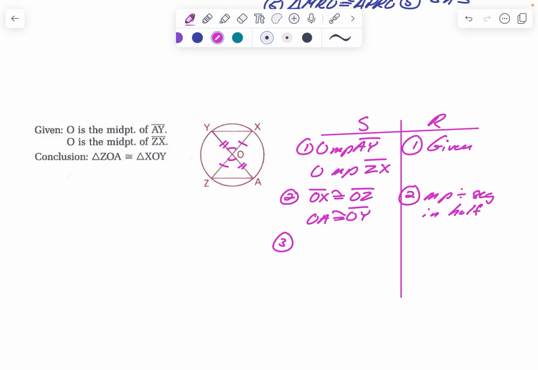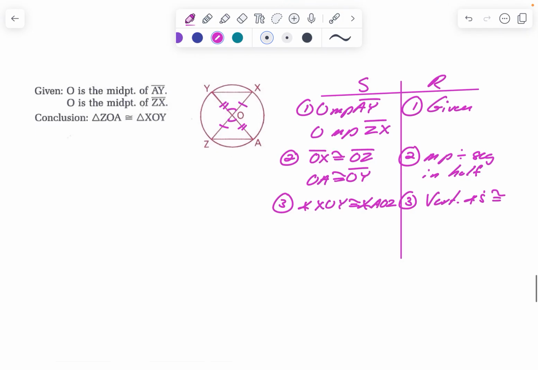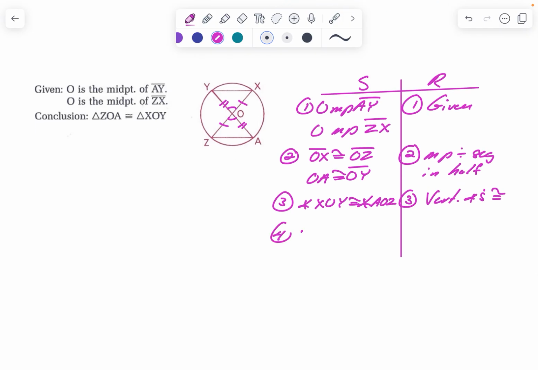Well, those two angles, angle XOY congruent to angle AOZ, and that's vertical angles congruent. And now we can say triangle ZOA congruent to triangle XOY by SAS.